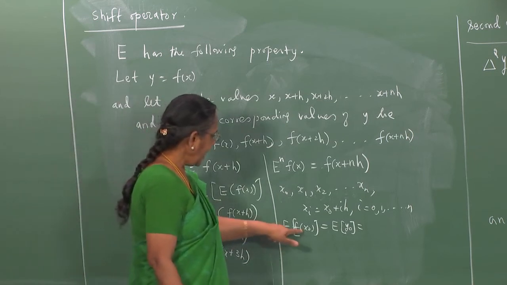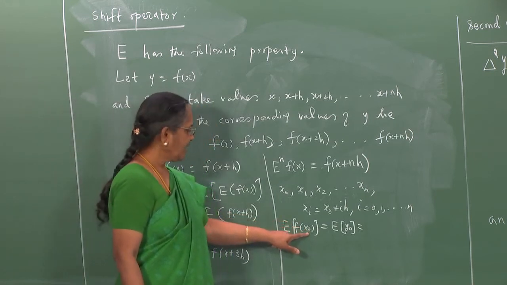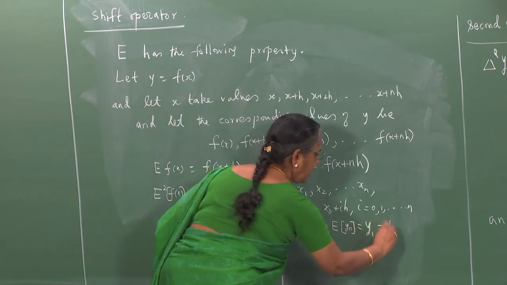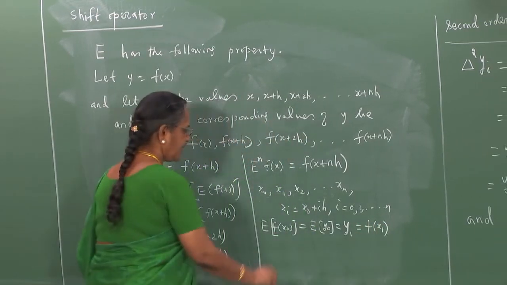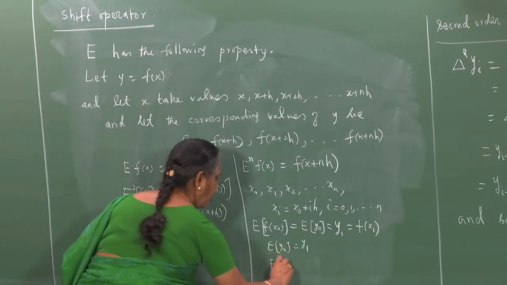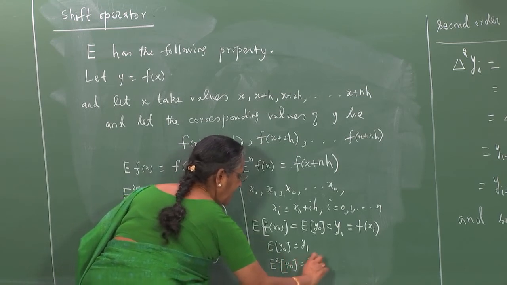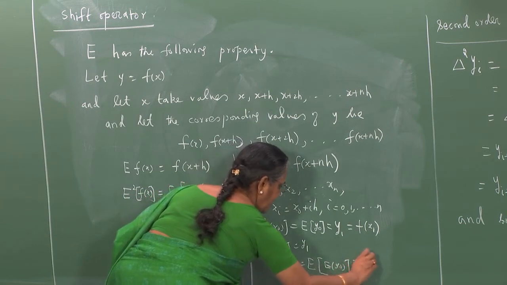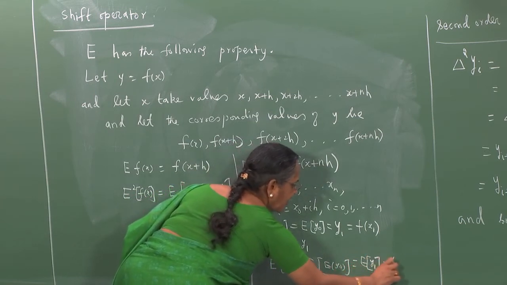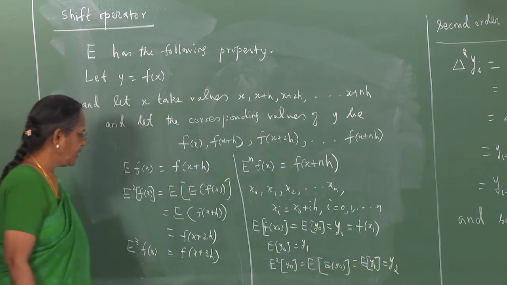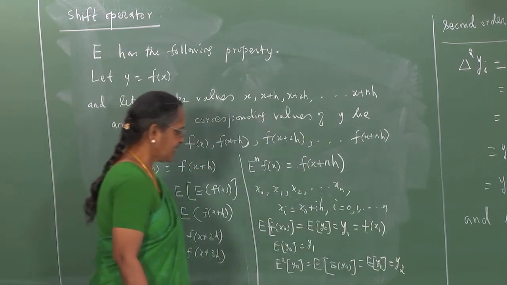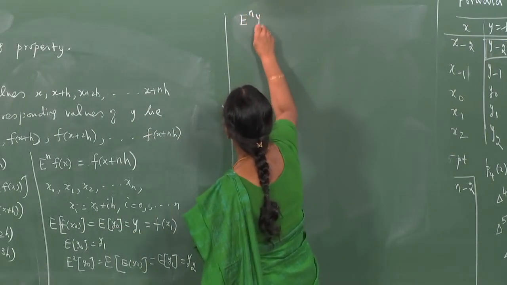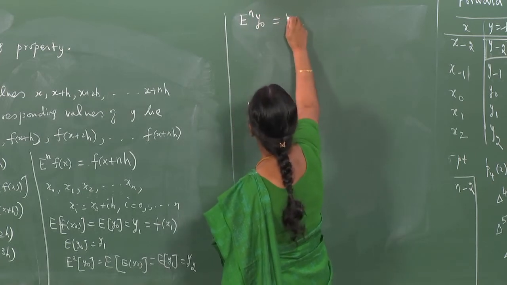So, here E acts on f of x naught, and therefore, it gives you the value y1. What is y1? It is f of x1. So, what is E square on y naught? It is E on E of y naught, which is E on y1. So, that produces y2. So, E square on y naught is y2. Continuing this, we have E to the n on y naught equal to yn.